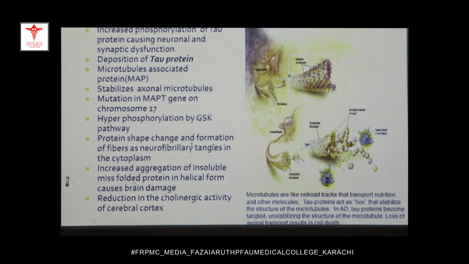So to begin with it is an intracellular structure, and later on, because of the neuronal death, it becomes extracellular. So there is increased aggregation of this insoluble, misfolded protein.